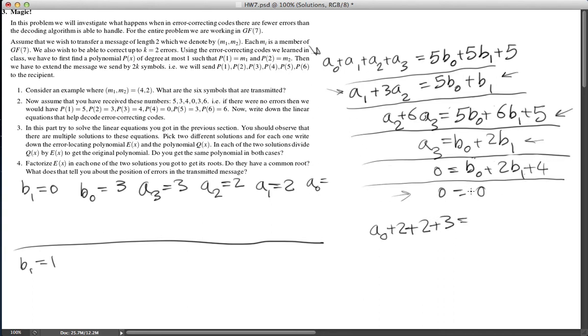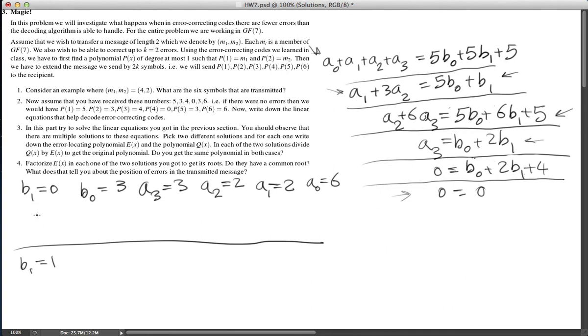This is equal to 5 times b0, which is 1, plus there is no b1, and then there is a 5. Okay, 2 plus 2 plus 3 is just 7, so this whole thing vanishes. So this is saying that a0 is equal to 6. Okay, all right.